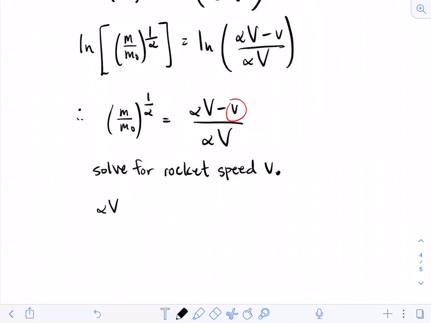Alpha V minus v is equal to alpha V times (m over m0) to the power 1 over alpha.